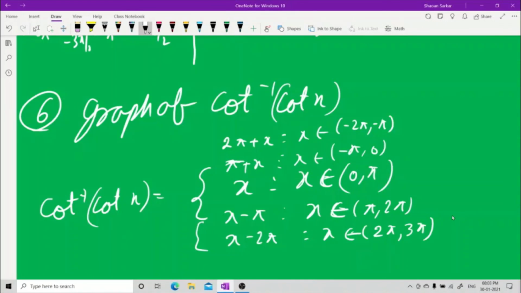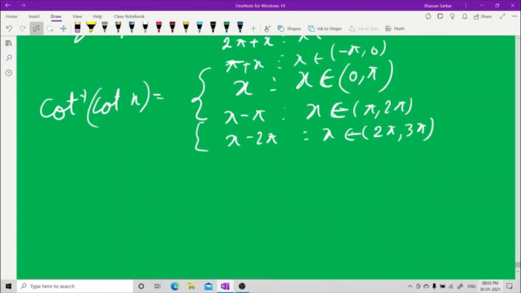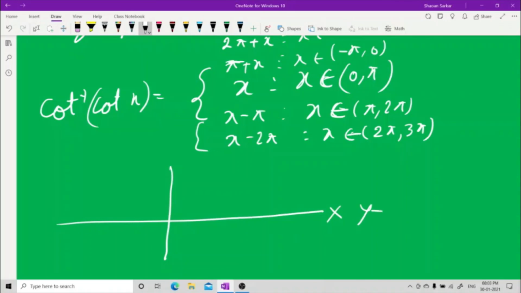Now let's draw the graph of this one. This is very simple as the previous one. It is the same type as the tan inverse graph. So here what you do is that it is between 0 to pi, no? So you draw this line, this is the x axis, means y equal to 0.